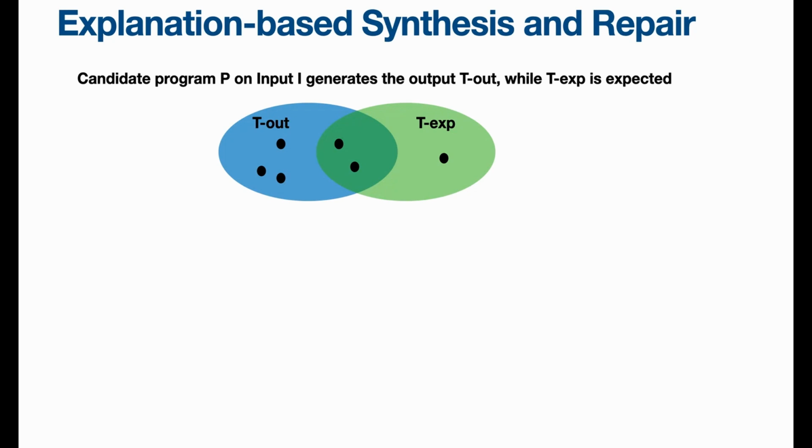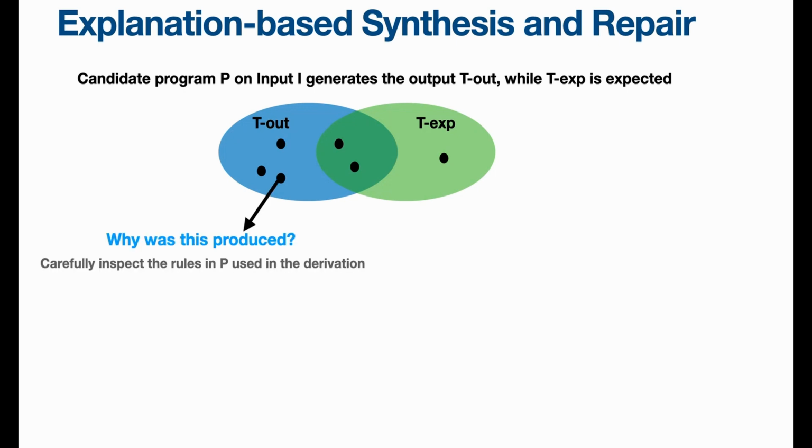For example, you have a candidate program P, and on the input I, it generates the output T_out, while what you're expecting is T_x. T_out is what you got from your candidate program, which has to be repaired, and T_x is the output that you expected. For some inputs, the output that you got is not what you expected, so it's outside the expected set of outputs.